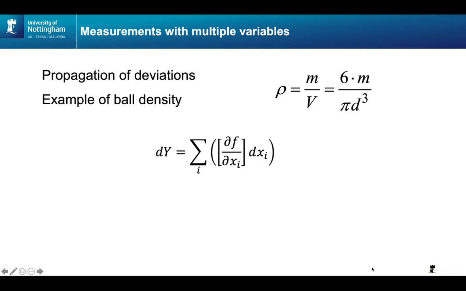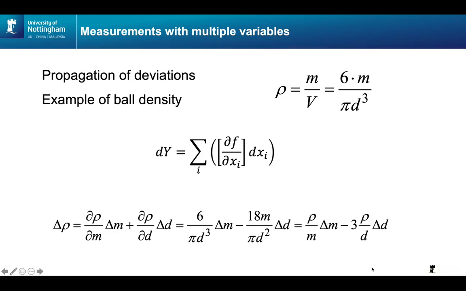We know that one way of expressing the differential in y is to sum over the partial derivatives of the various x terms, and then multiply those by the differential in x. That's just from simple calculus. So let's find all those partial derivatives for the various variables in our model equation.